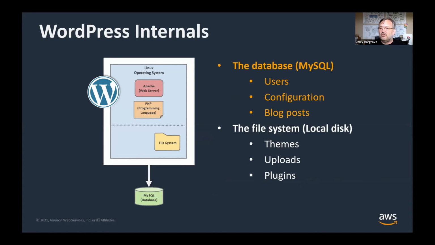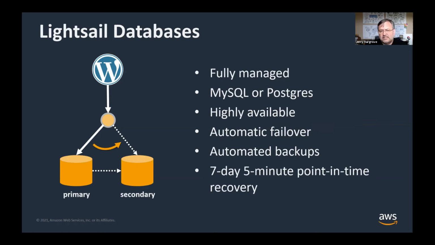And again, many of you have probably done this before, where you have another server that's running a database so that all of your WordPress instances can use that. So we can share this database across multiple instances, and then we configure each instance to use that external database. And as I mentioned, we can easily do that on Lightsail through the use of Lightsail Databases.